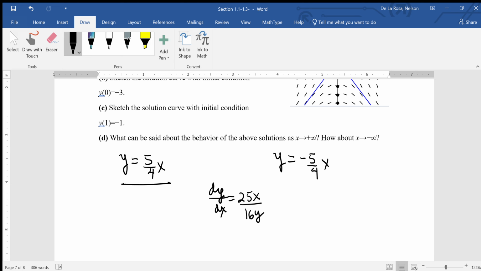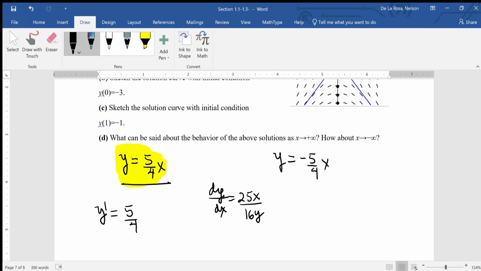Okay, let's find the derivative of this expression in yellow now. So, well, y prime is simply 5 over 4, right? Now, how are we going to be sure that this solves the equation?